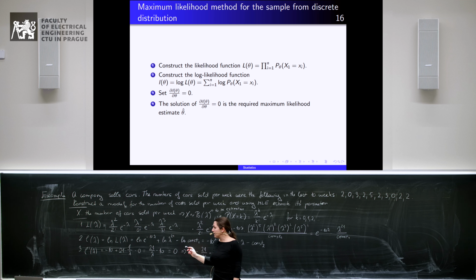We should verify that it is maximum and not the minimum, but believe me that it is constructed so that this solution, at least in statistics, is always the maximum. So we won't verify whether it is maximum. In our cases, it will always be the maximum. So this is the result of the maximum likelihood method.